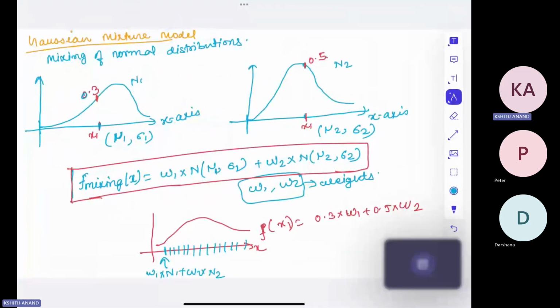Now you understand how this mixing happens. Since you understand this, what our goal is becomes very important, specifically for the Gaussian mixture model. Let us dive into that part.